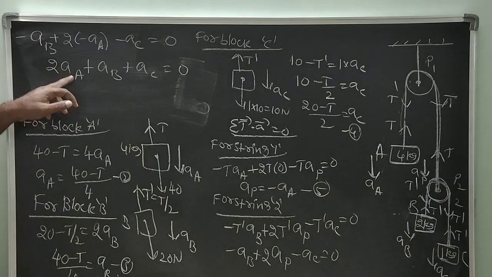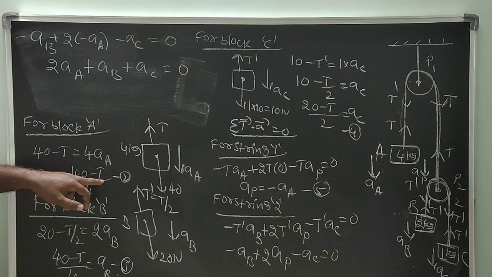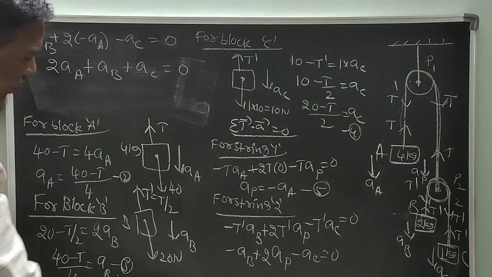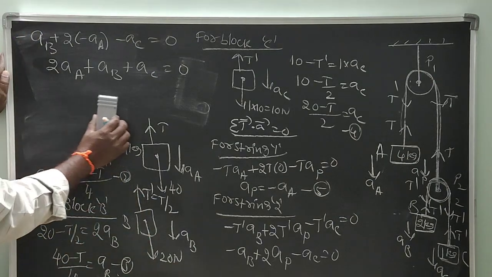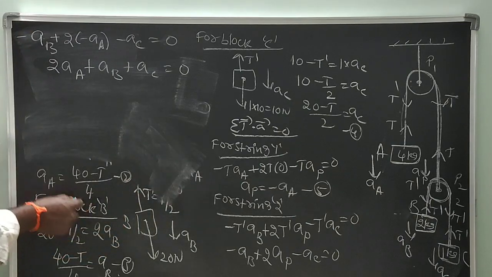We know the value of the acceleration of A is 40 minus T by 4, so 2 times 40 minus T by 4.